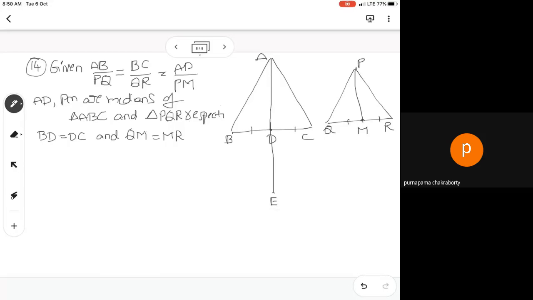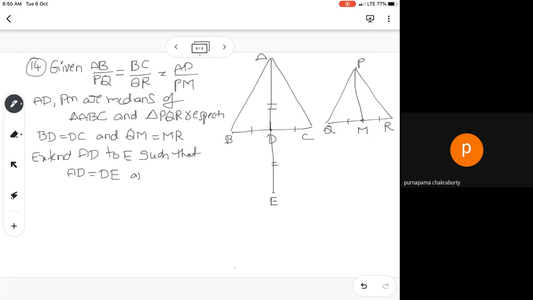Okay, extend AD to E such that AD is equal to DE. Extend it until AD and DE are equal.